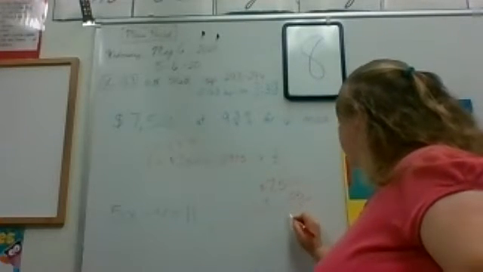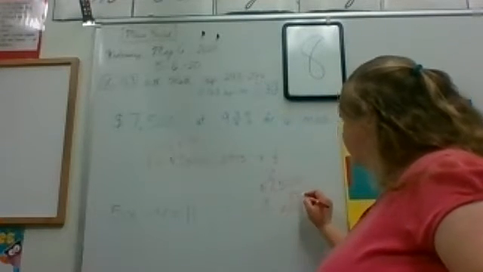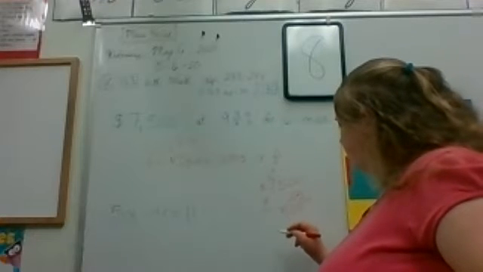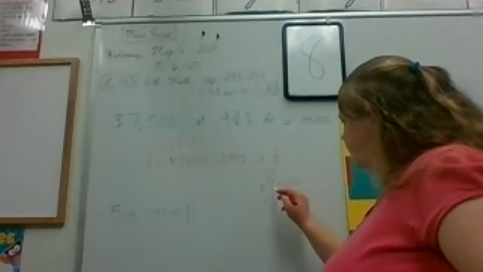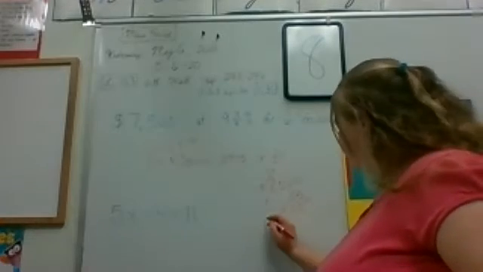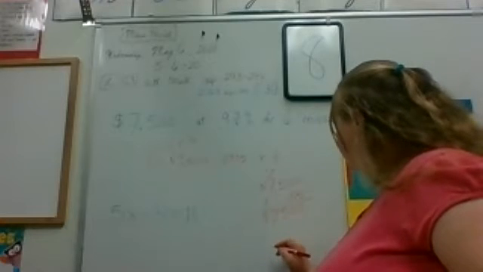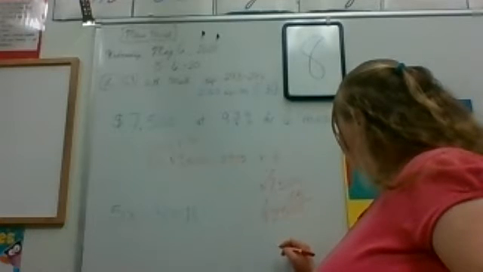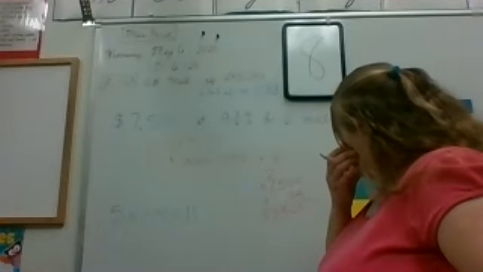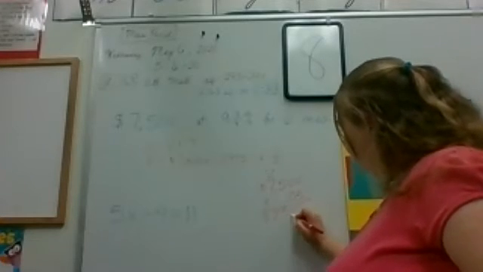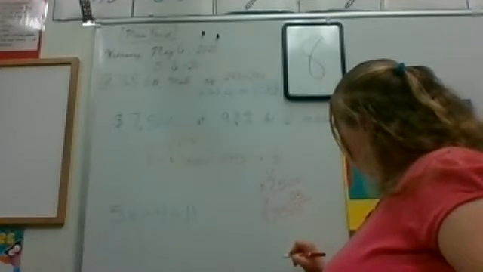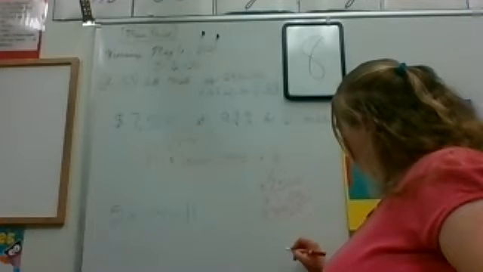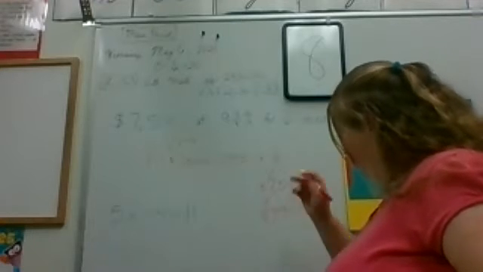Okay, 0, 0, 25, carry the 2. 5 times 7 is 35, plus 2 is 37. Something is not right.